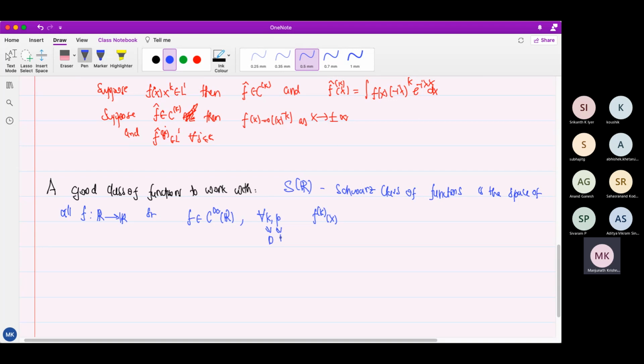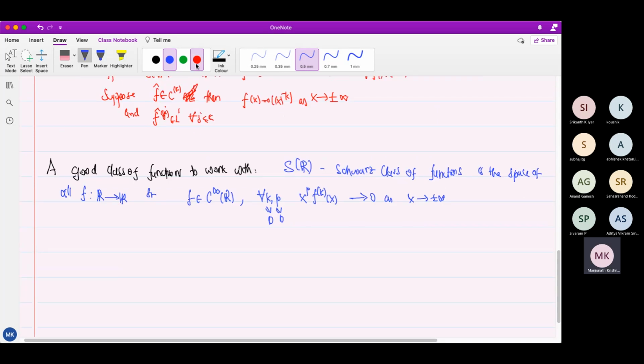So for all integers, the kth derivative of f should decay faster than x to the minus p. So x to the p times this goes to 0 as x goes to plus minus infinity. Okay, so any derivative times any power decays at infinity. So it has to be both smooth and decaying, both have been assumed.